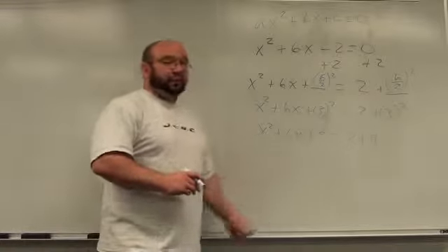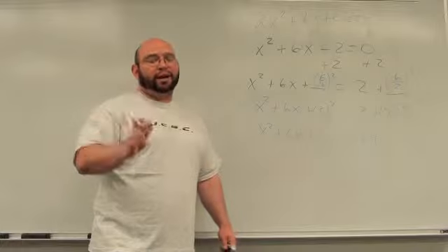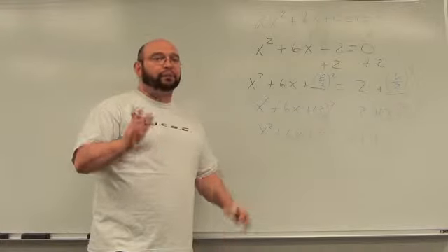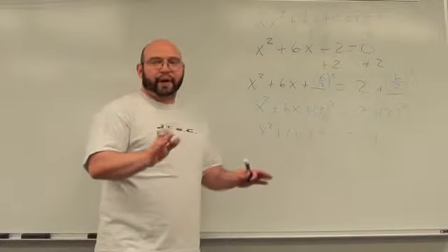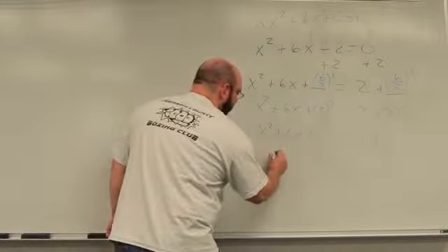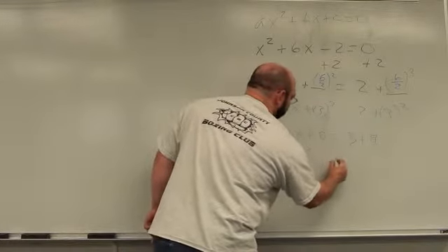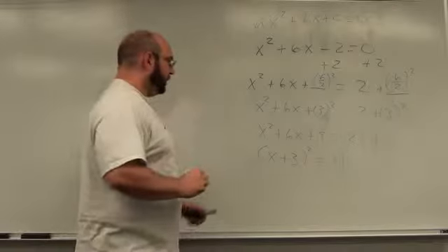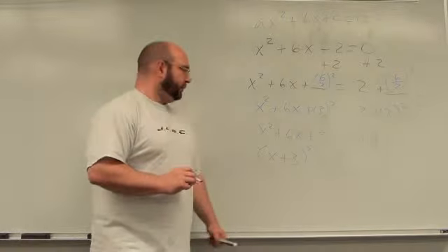Notice, I can factor this. You should already know how to factor it by now. If you don't know how to factor right now, I really recommend you go ahead, pause the video now, flip on to the other video of factoring, so you can see how this works. Alright, so here's x plus 3 squared is equal to 11.